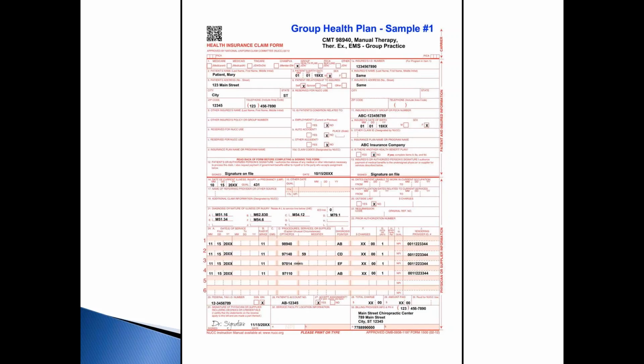So 98940, you'll see in box 24E has the letters A and B. So I'm pointing the chiropractic adjustment to diagnosis codes A and B. What's in A? M51.16. That's lumbar radiculopathy. And in B, lumbar spasm.